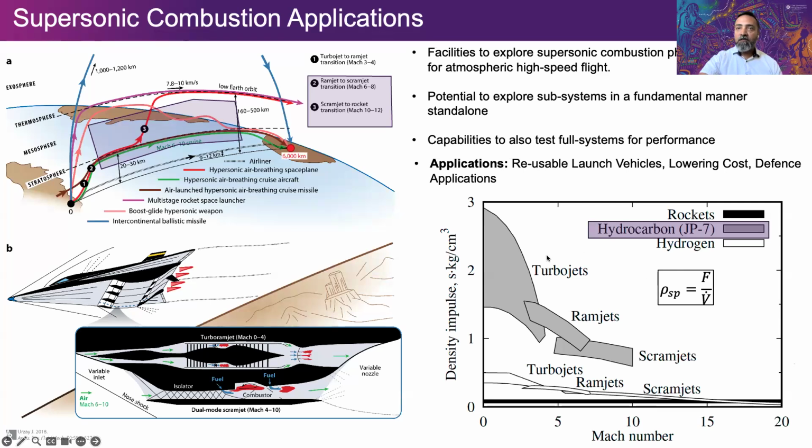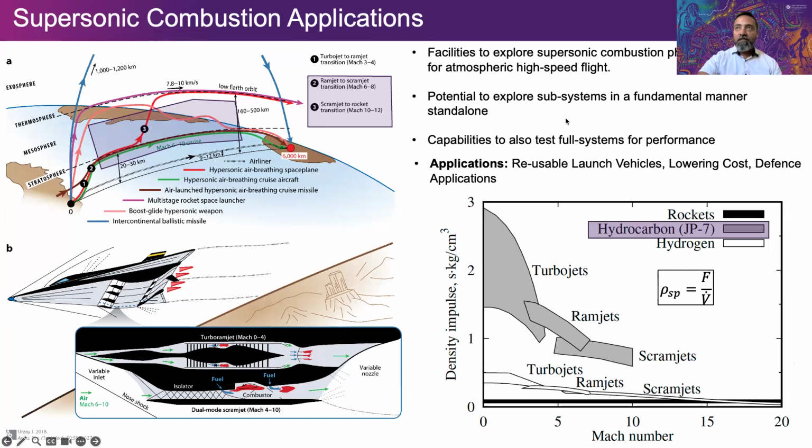Now, to do any of this work in a systematic, considered manner so that it leads to a useful outcome, which can be applied in a future design of some vehicle, and for which we have a case study here in Brisbane by means of a company that's trying to commercialize this technology, we first need facilities that can explore supersonic combustion as a phenomenon and such that it matches these conditions that you expect to fly in.